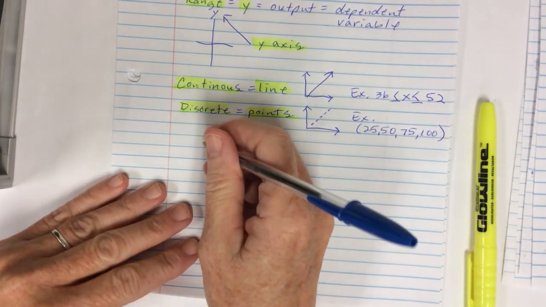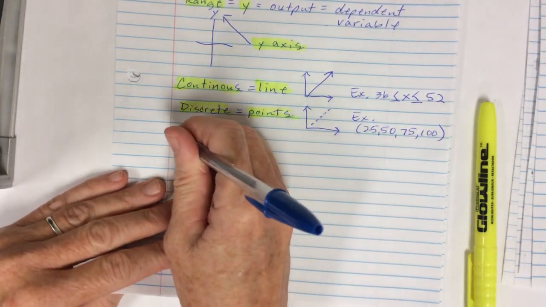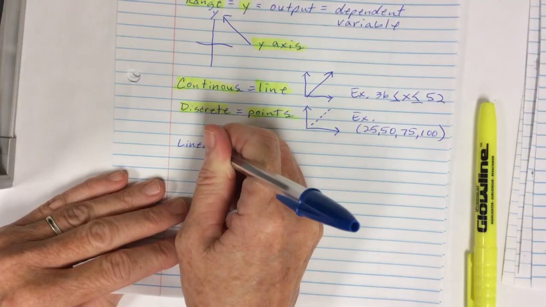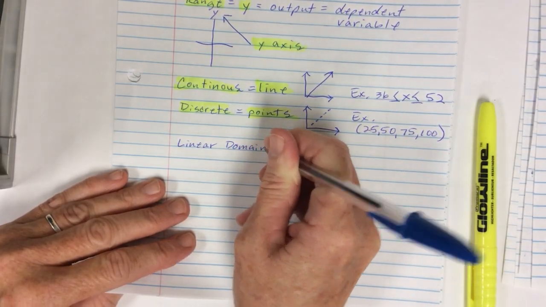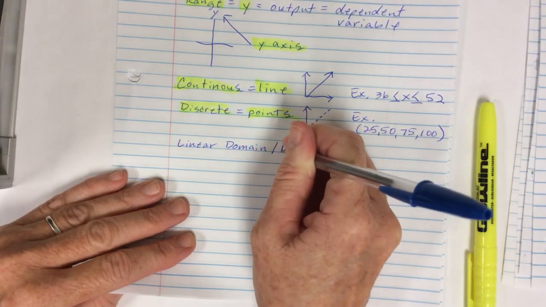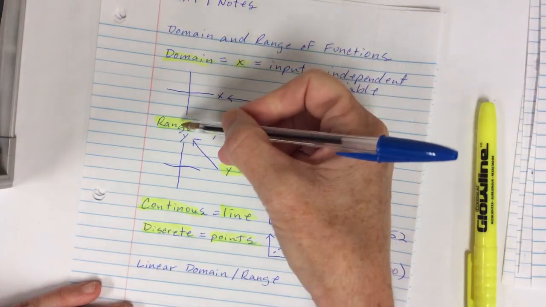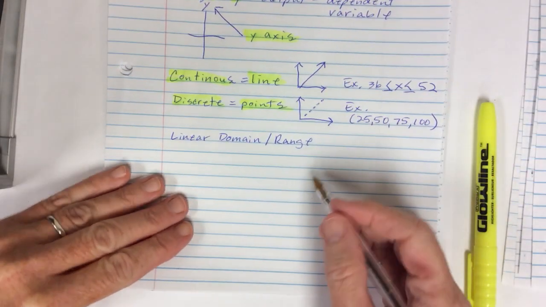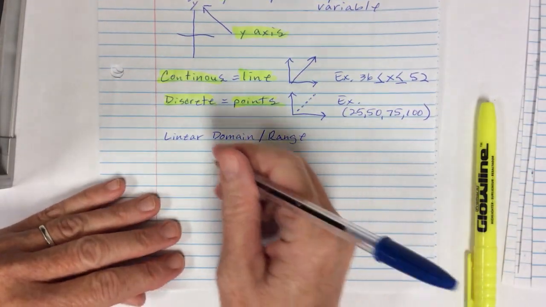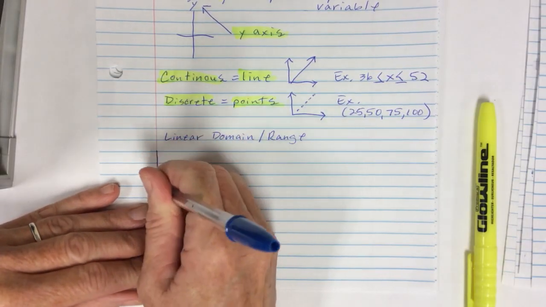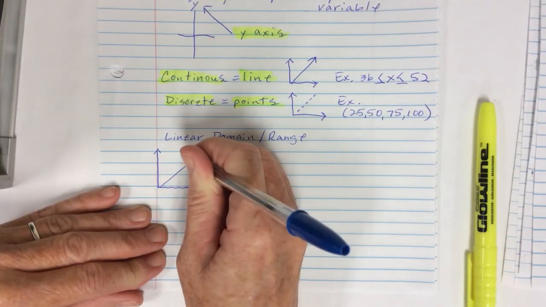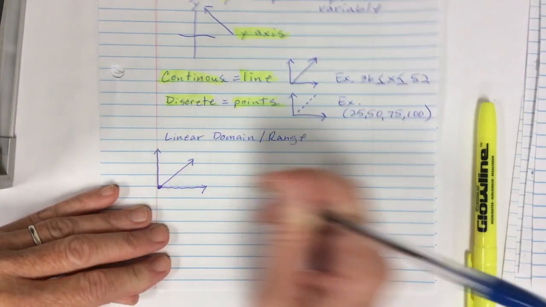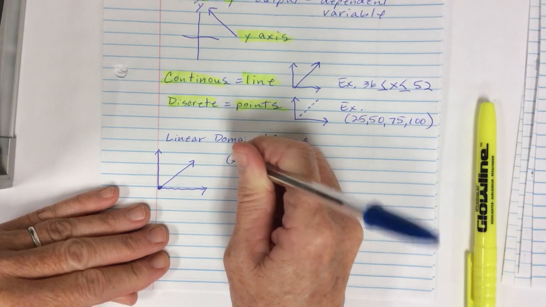Next, we're going to talk about linear domain and range. We learned up here, domain is the x, range is the y. Let's draw an example. We know domain is the x.